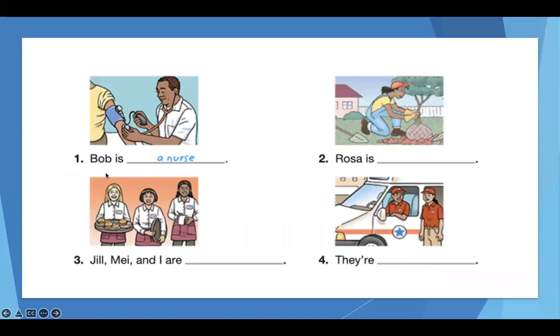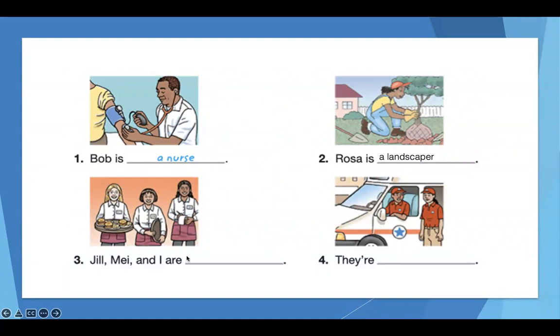So let's practice with this. We have number 1 showing Bob is a nurse. Number 2 is a landscaper. So we could say Rosa is a landscaper. All right, number 3 shows 3 people.